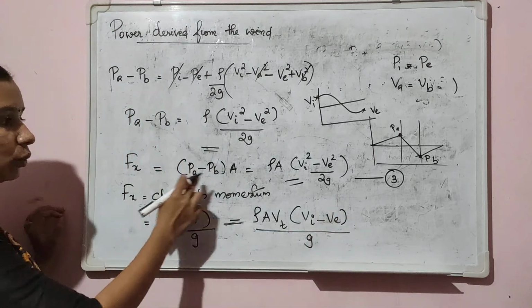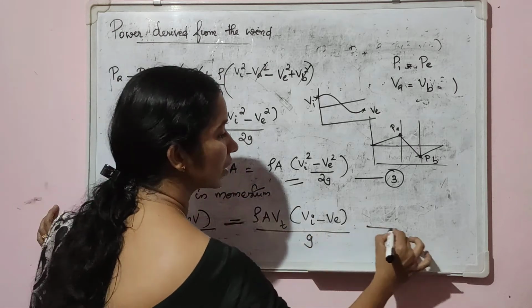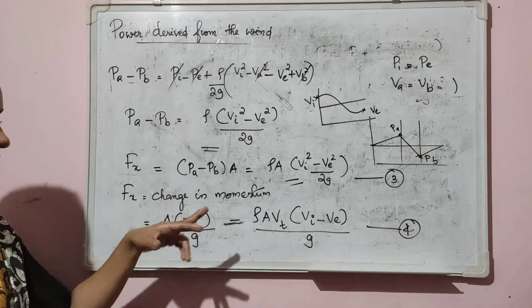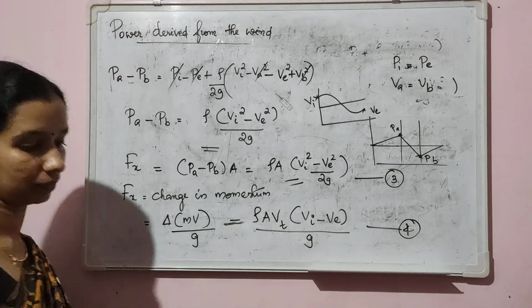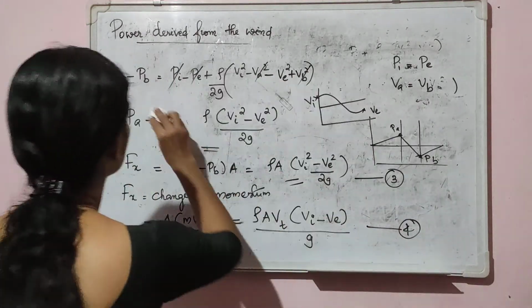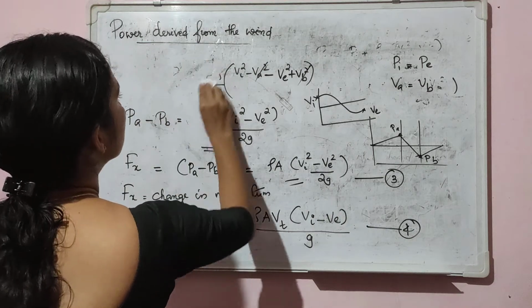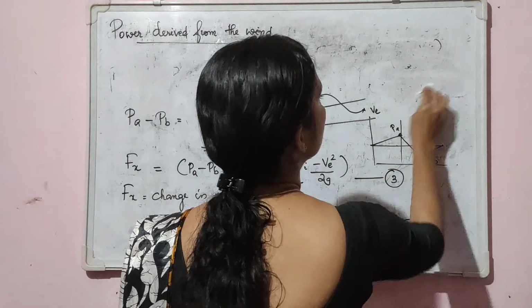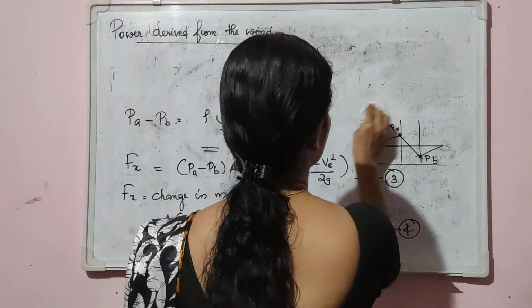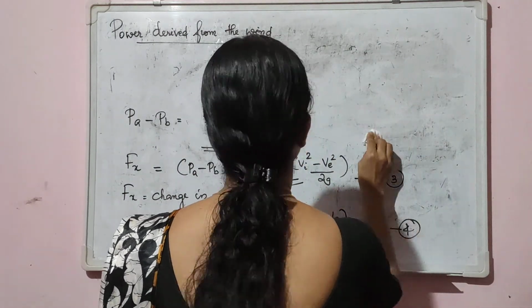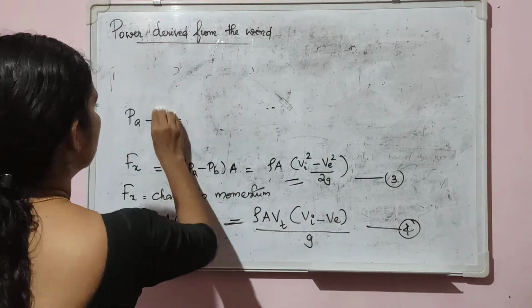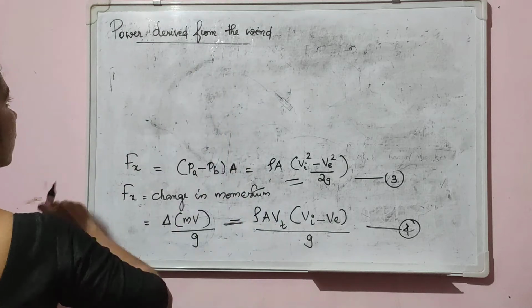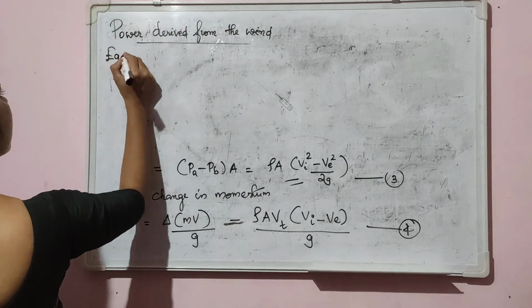So we have two equations for the horizontal force, equation number 3 and 4. So now in the next step, equate 3 and 4.